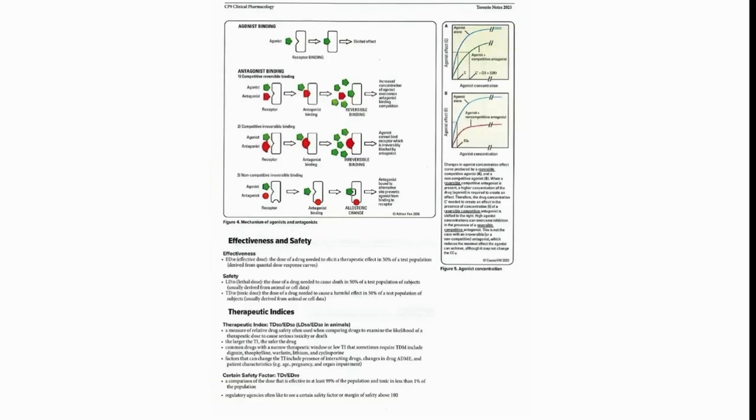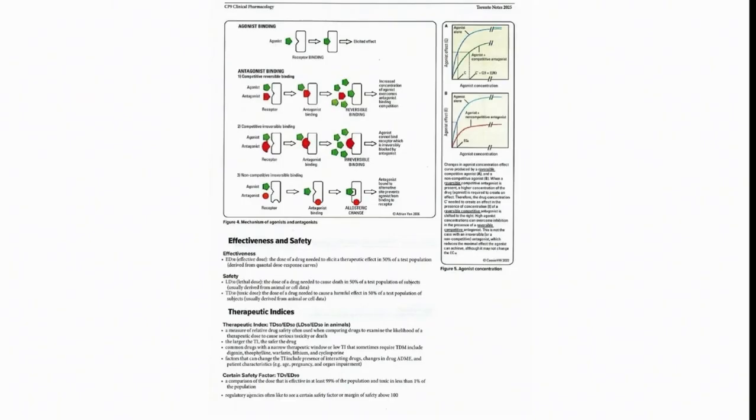Effectiveness and safety. After understanding receptor pharmacology, let's discuss how we evaluate drugs clinically. Every drug must be assessed for two major characteristics: effectiveness and safety. Effectiveness. The primary measure is the ED50 or effective dose 50.